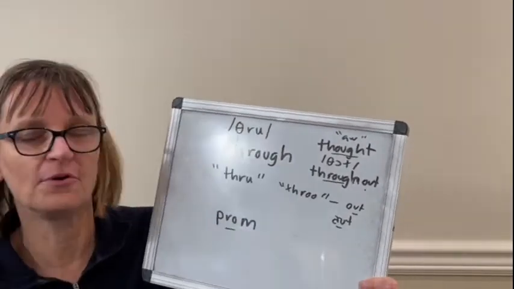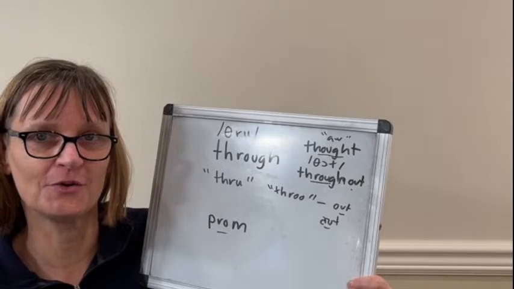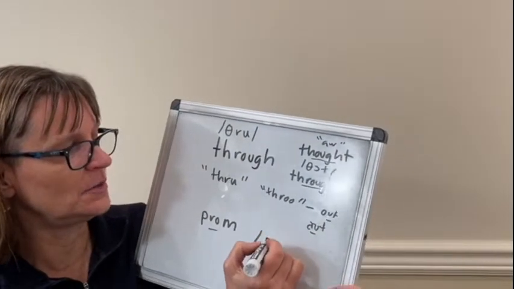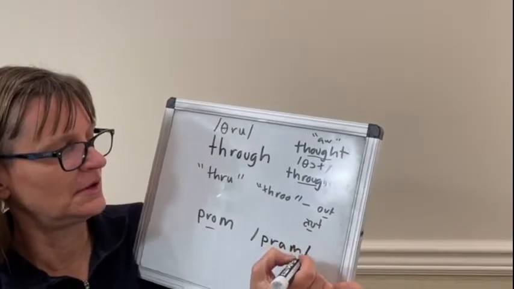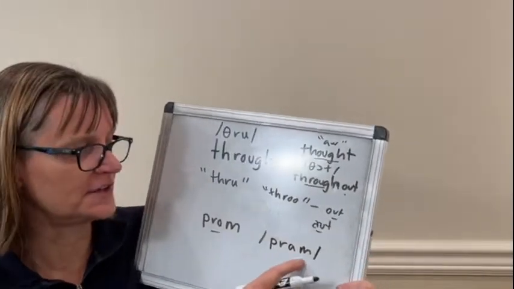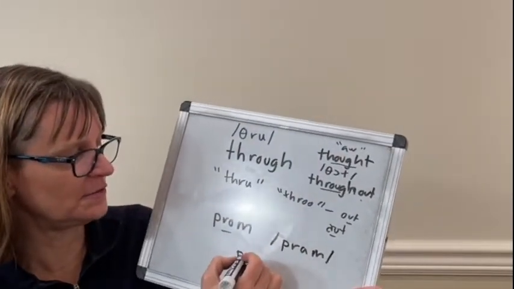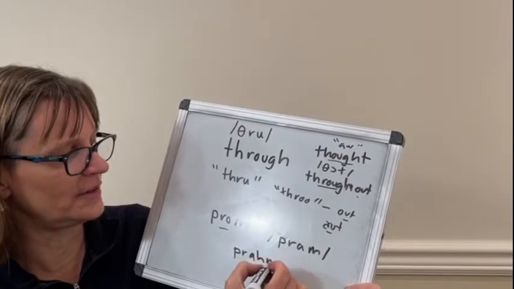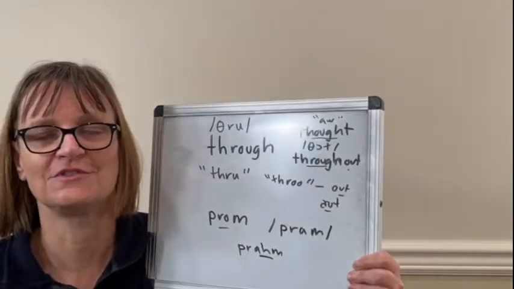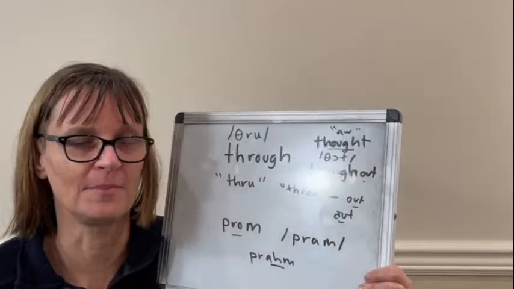And then the word prom, here we have letter O saying the ah sound, which is the most typical. In a stressed syllable, letter O is often going to say the ah sound. So you might just want to rewrite that with letter A or the letters AH, so that you can get prom correctly.